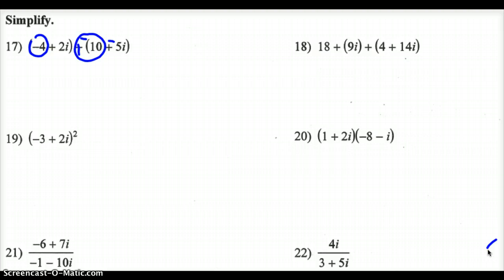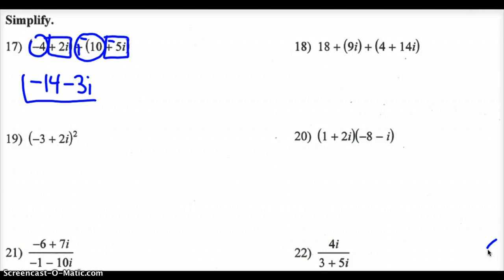I've got a real part here, so negative 4 plus negative 10 is negative 14. That's my real portion. Here I've got my imaginary part plus my other imaginary part, so when I add those together, I get negative 3i. This is all I can do. The real part cannot be subtracted or added to the imaginary part.